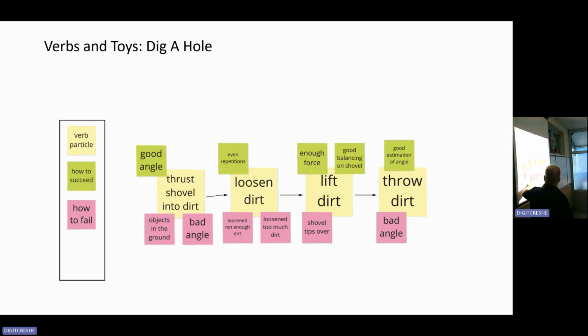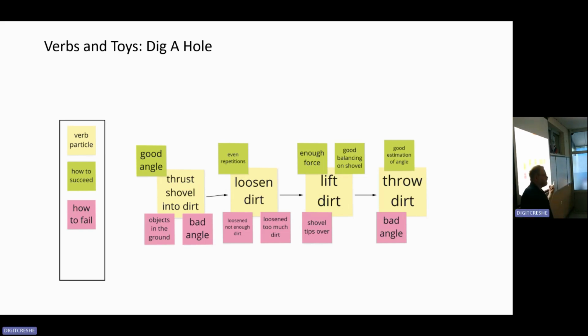There could be objects in the ground which could be a problem. Maybe this could be interesting. Loosening dirt: a condition for success could be even repetitions to make it more even. The problem could be if you're loosening too much dirt, or not enough dirt.